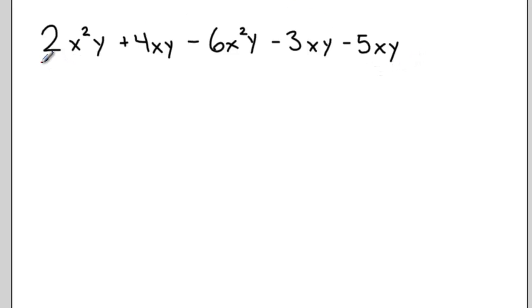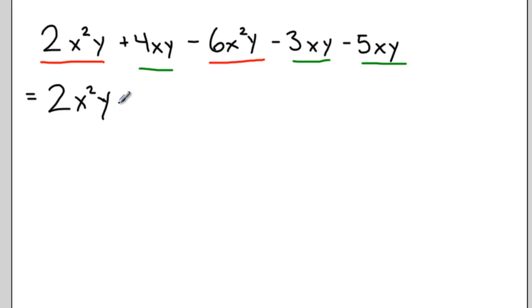One last example. Again, we can start by identifying the like terms. So I see a x squared y term and another x squared y term, and then 3 terms that are just strictly x and y's together. So I can rewrite this by grouping my like terms together. And remember, the sign attached to the term goes with it.